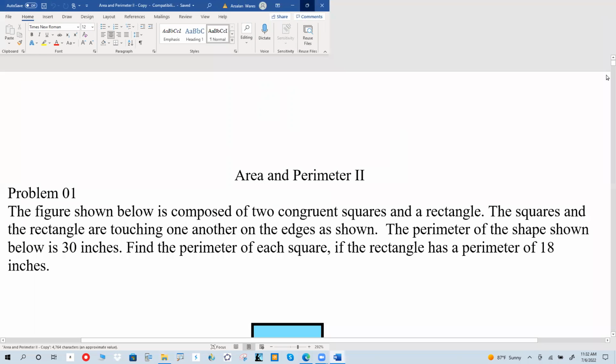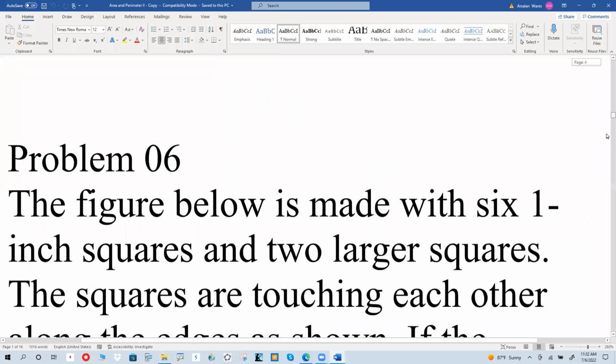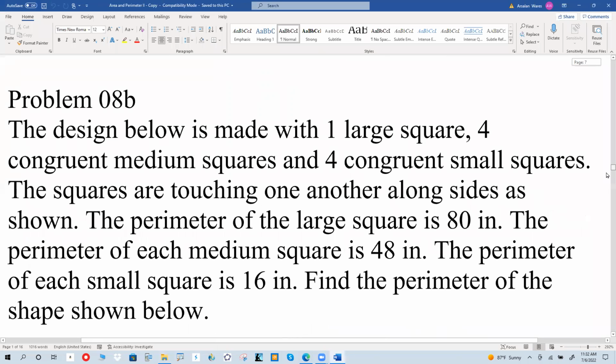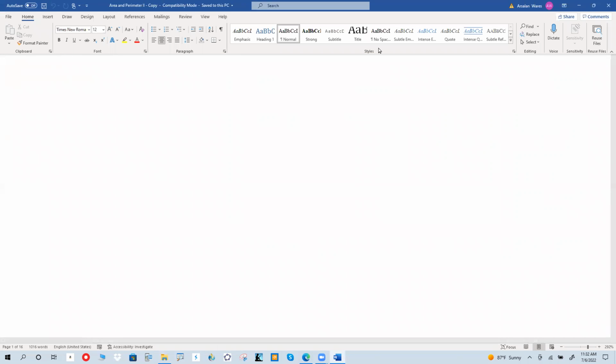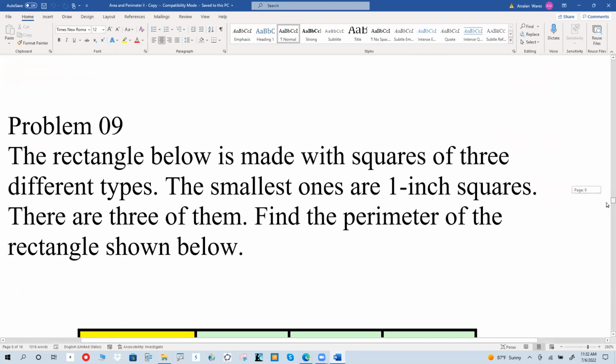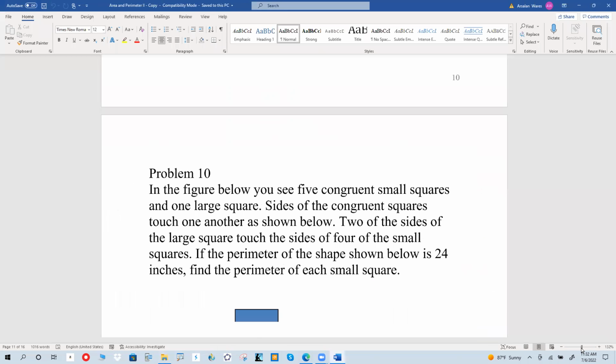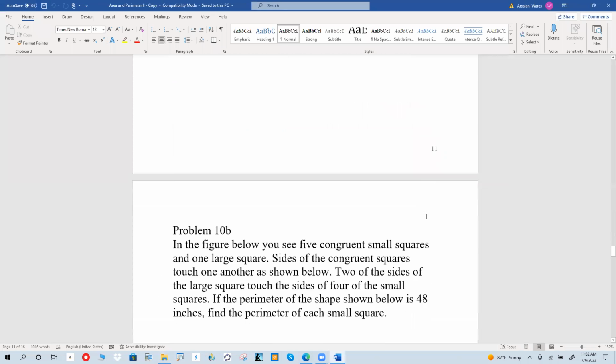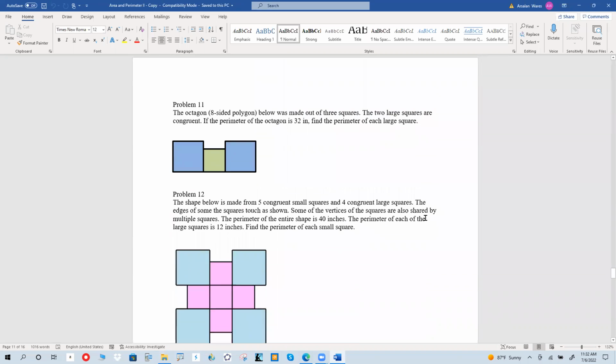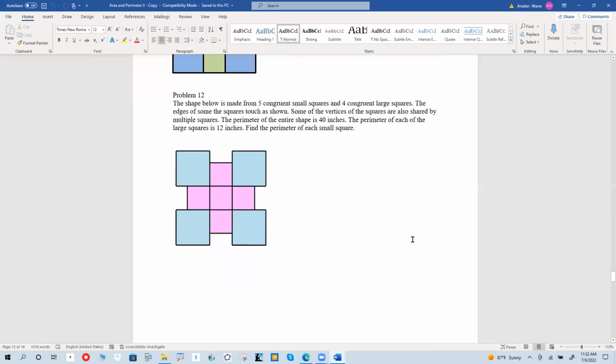You'll see these problems will become a little more challenging as we go on, but this is the last packet. Yes, I'm sharing screen and I am recording, so we're good there. And just to let you know, those of you watching the videos, we have done many of these problems twice. Okay, this is a nice problem.